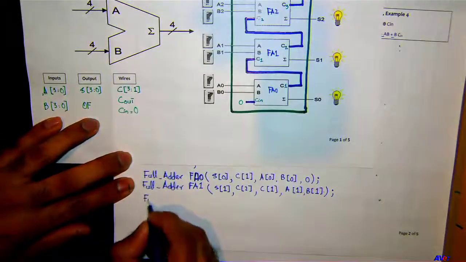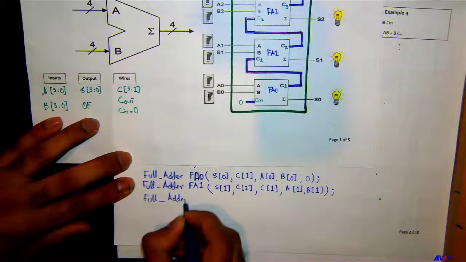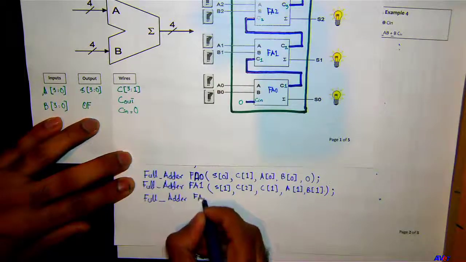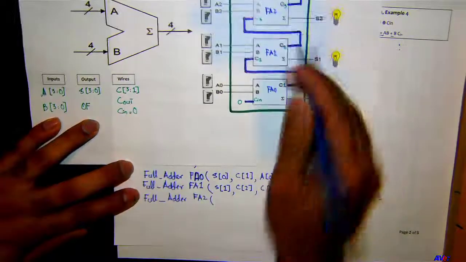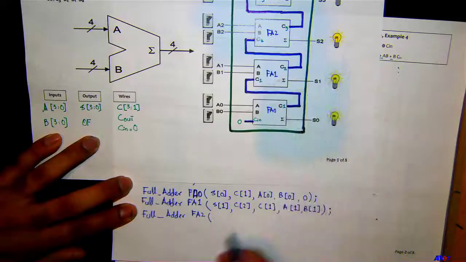And similarly, I'll do it for the next one, full adder FA2. So this is right here. Again, the outputs are C3 and S2.